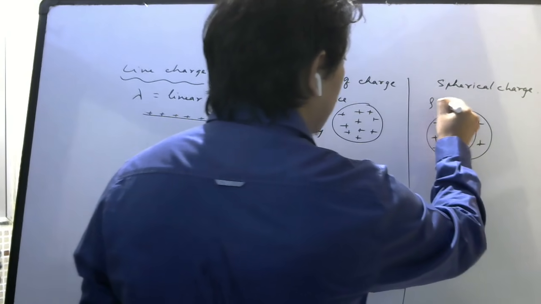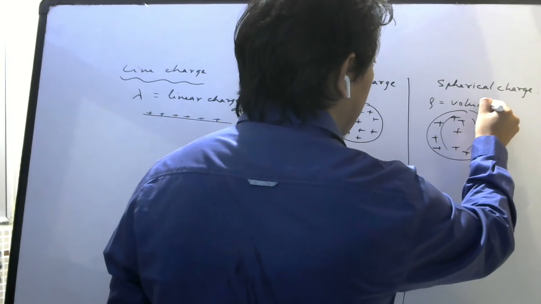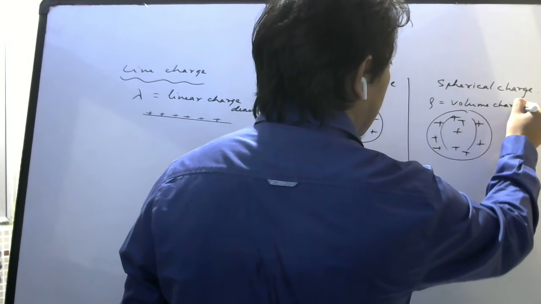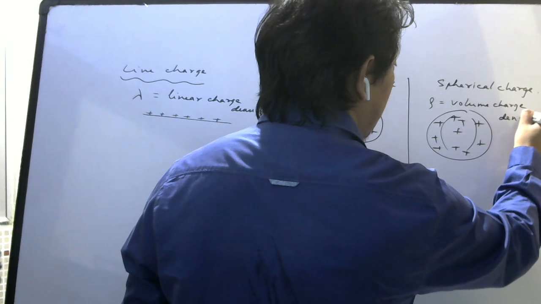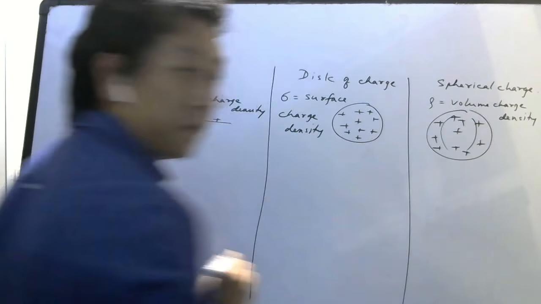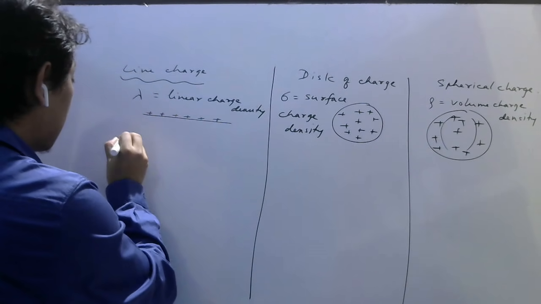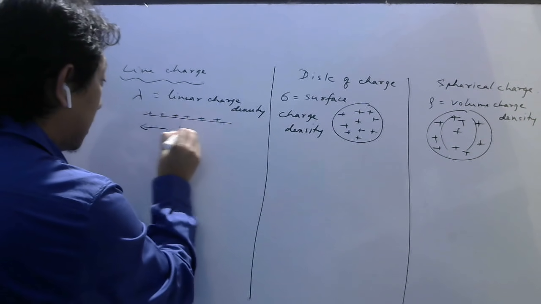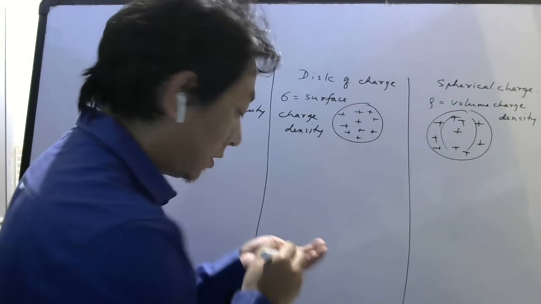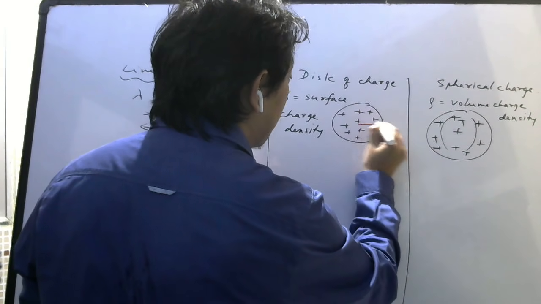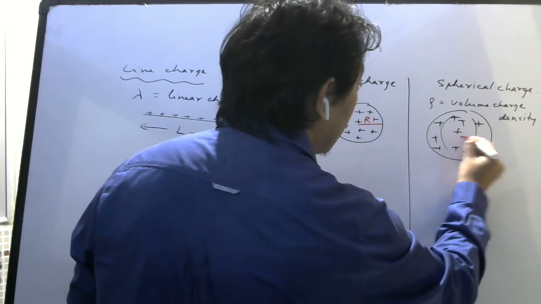And what is the rho? Volume charge density. What does it mean? Charge per unit volume. Now listen carefully. Let's say length of this is L, and since this is a disk, usually for a disk they will give you radius, no? And for a sphere also they will give you radius.